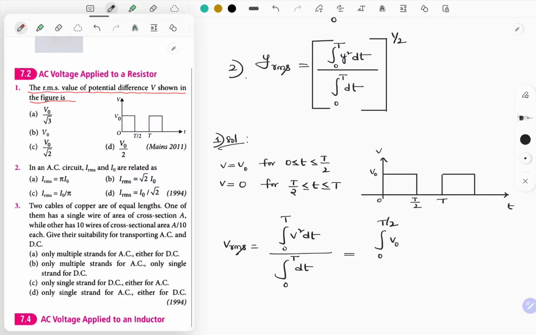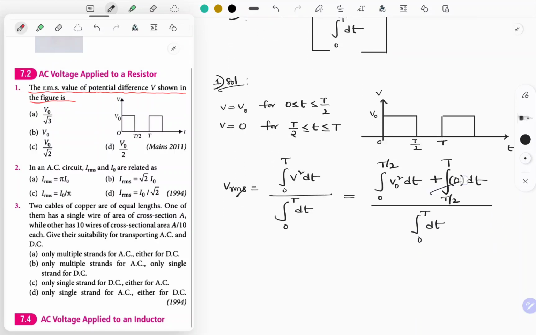V naught. So it's going to be V naught square dt, plus from T by 2 to T, the value of potential is 0, into dt, divided by integral 0 to T dt.